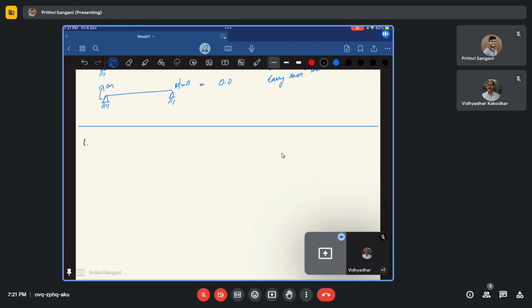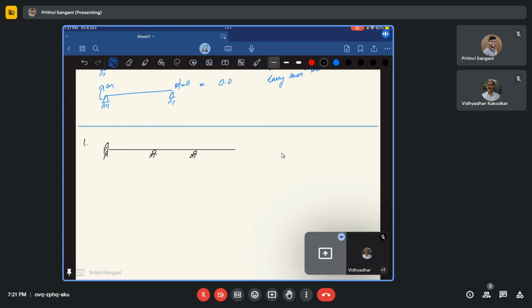So let us first take this question. We have a continuous beam. Both the ends are fixed, and we have roller supports in between.